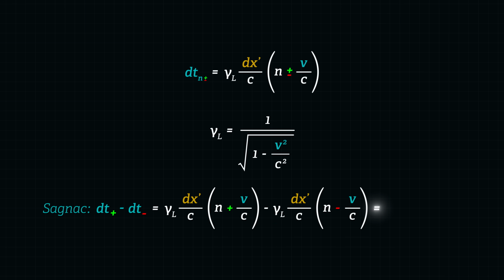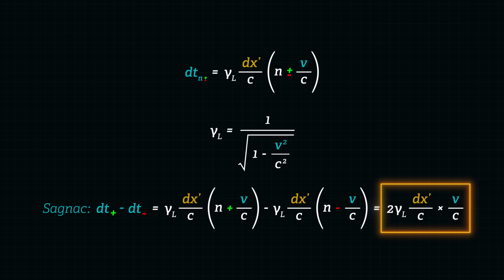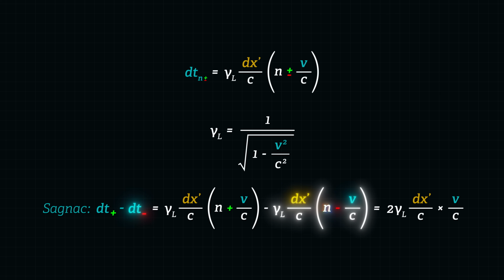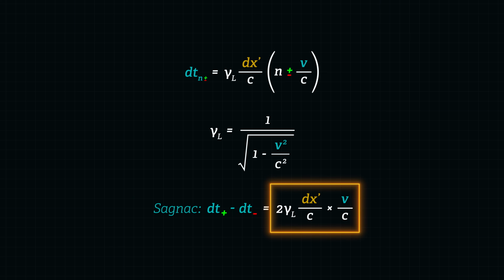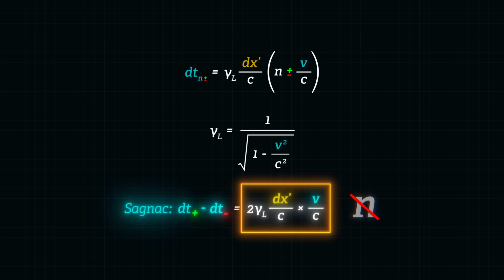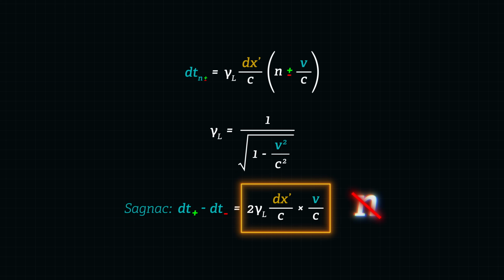Note that this produces a positive number, meaning that it requires more time to travel a distance dx prime downstream than the time required to travel the same dx prime distance upstream. Also note that there is no refractive index n in the final formula. The time difference for a Sagnac setup is not dependent on the refractive index of the medium.